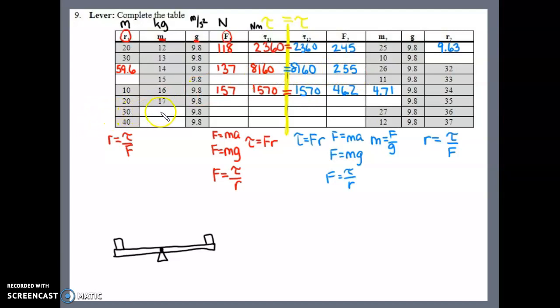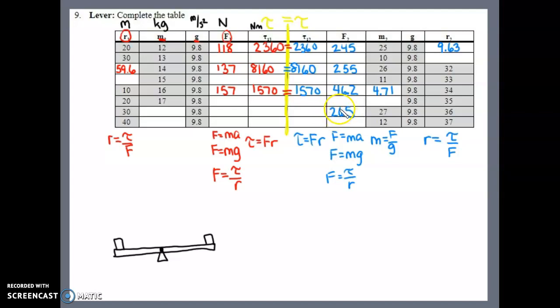Alright, and then we'll just have this last one right down here. We are missing the mass on this side. We have everything on this other side, so it's basically the same, just reversed. So I'm going to start on the blue side. I can find my force, mass times gravity. 27 times 9.8 gives me 264.6, so I'm going to round that to 265.